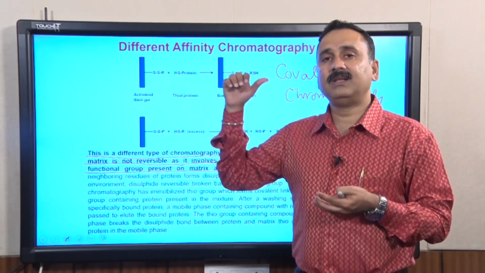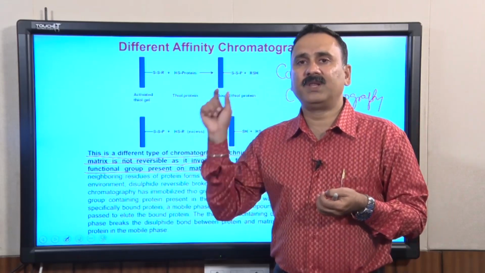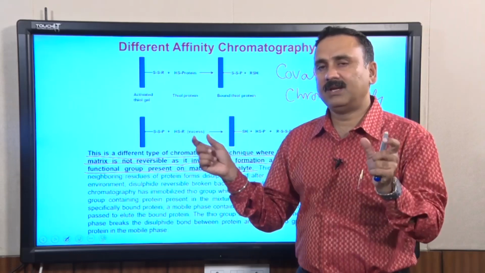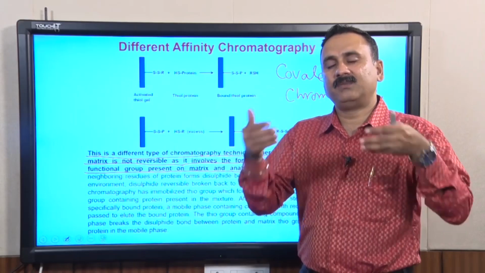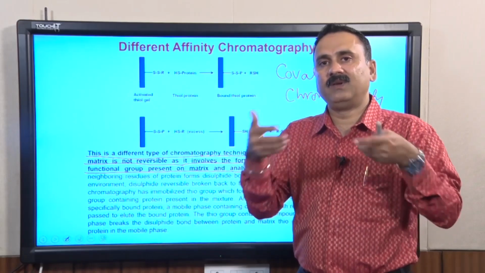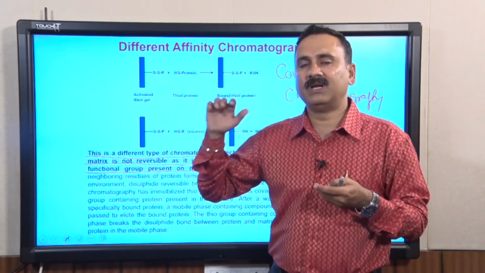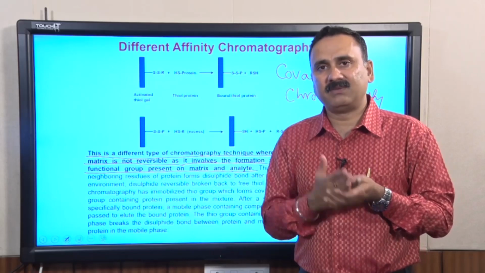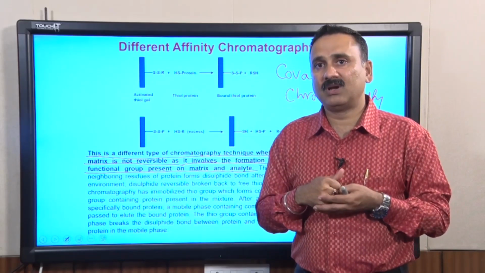whereas in the case of covalent chromatography, you have a specific group present on your protein. As soon as it reacts with the column, it makes a specific bond. That bond will be very specific, it will not form with other proteins, and that is why covalent chromatography gives you specificity and falls under the category of affinity chromatography.